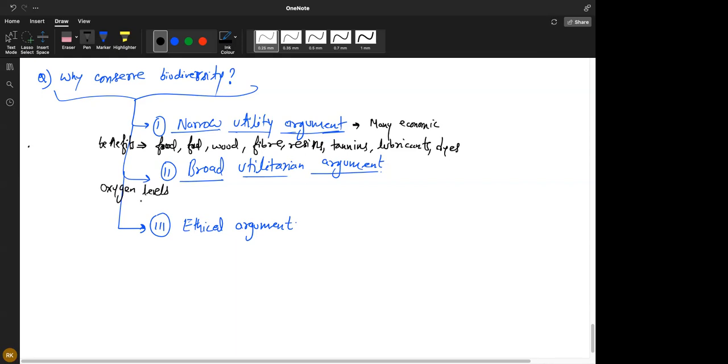Who maintains the oxygen levels of the planet? Plants. Amazon rainforests alone are so huge that they contribute around 20% of the total oxygen in the Earth's atmosphere. So that's why they are called the lungs of the Earth.